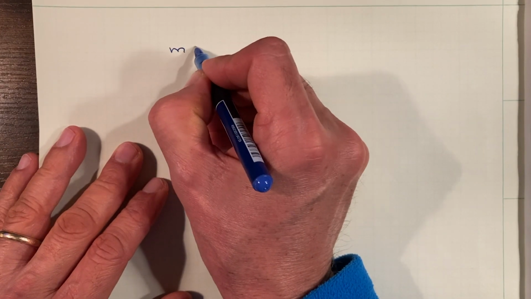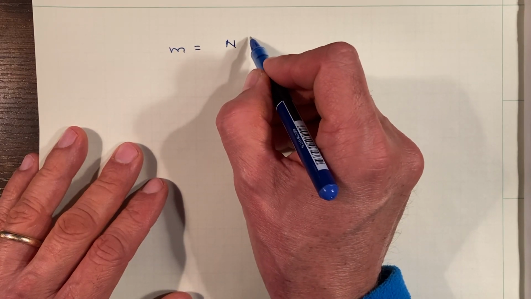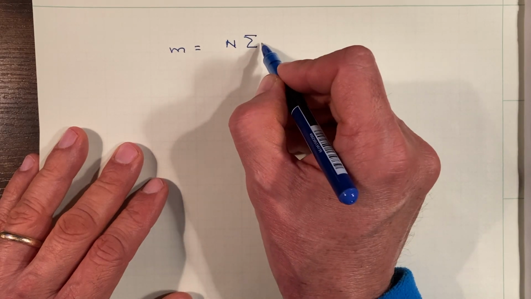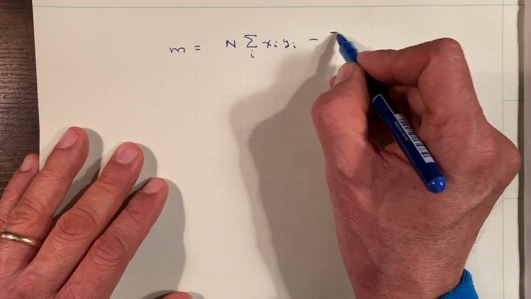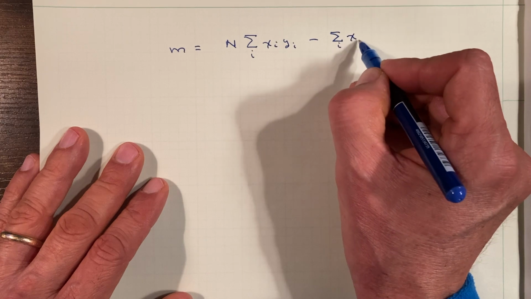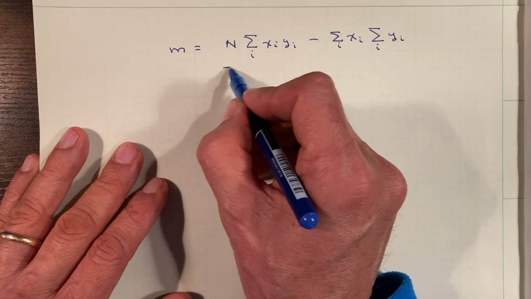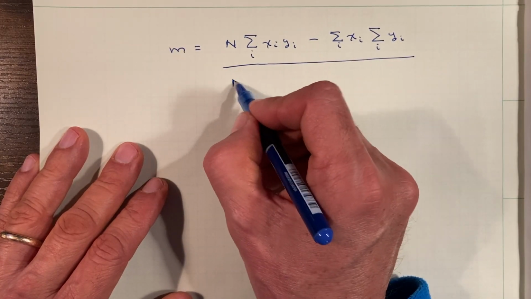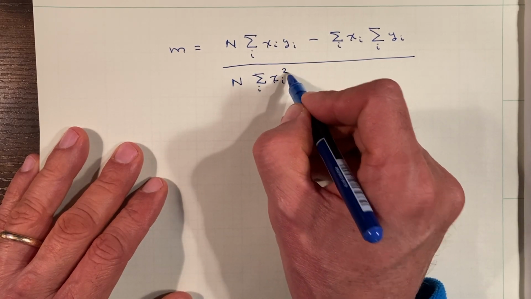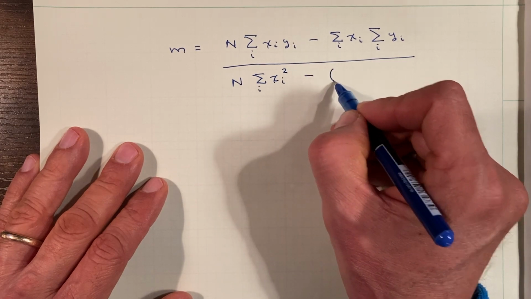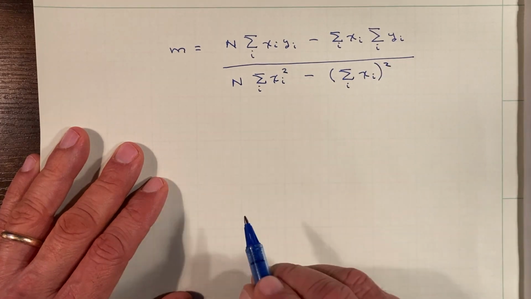We end up with m equals big N, or the total number of samples, sum over i, x sub i, y sub i, minus sum over i, little x sub i, times sum over i, little y sub i, divided by n, sum over i, little x sub i squared, minus quantity sum over i, x sub i squared.